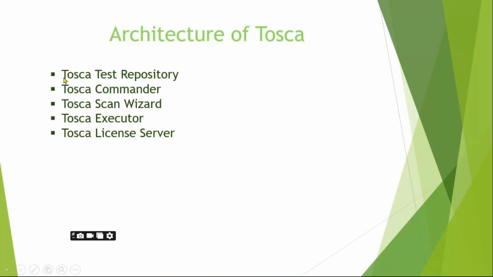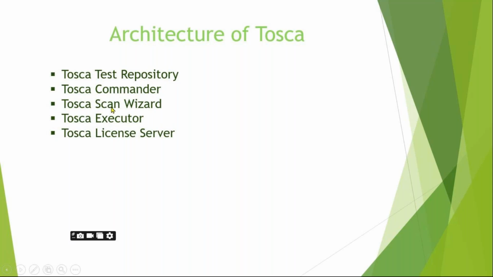So here we have the first one, that is Tosca test repository, Tosca Commander, Tosca Scan Wizard, Tosca Executor, and the Tosca License Server. So basically, what we are going to check is how exactly we can create the repository. The Tosca Commander is the main screen which we are going to use when we are doing the execution, creation, and designing.